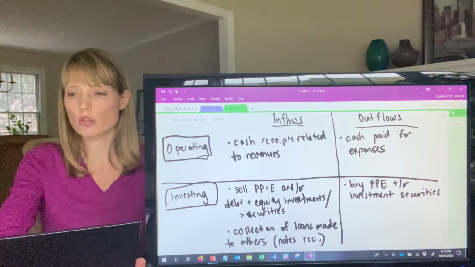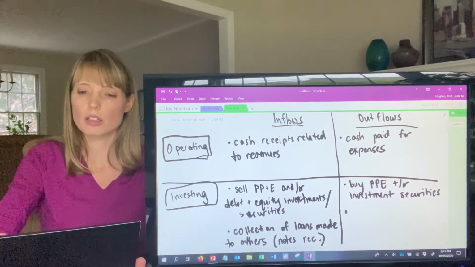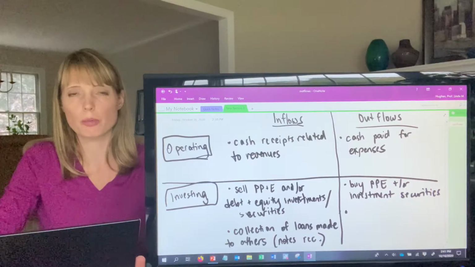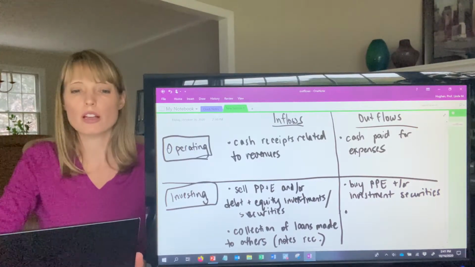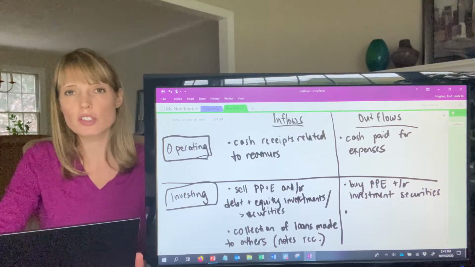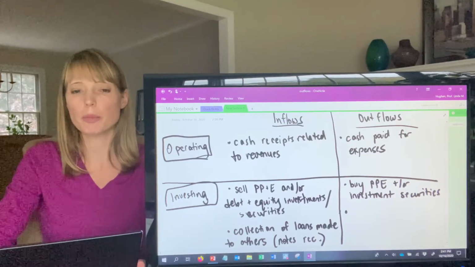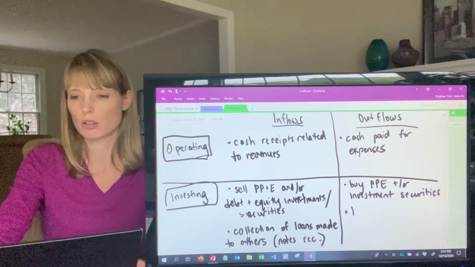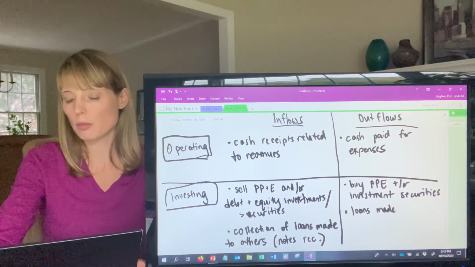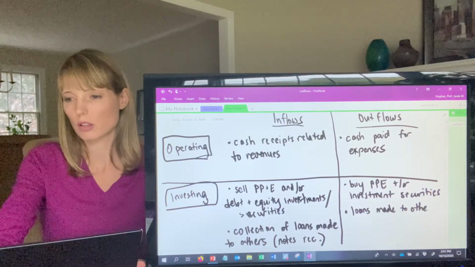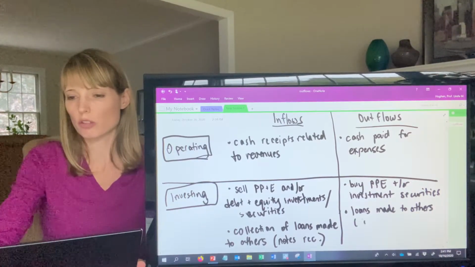And related to those notes receivable, when we collect the receipt of the principal from the company that we lent to or the customer that we lent to, we classify that as investing. And when we first lend that cash out, that would be an investing cash flow. So loans made to others when we issue a notes receivable.